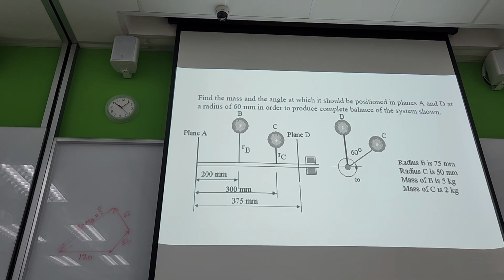So you can prepare a similar table. When you are doing here, you will have L also.